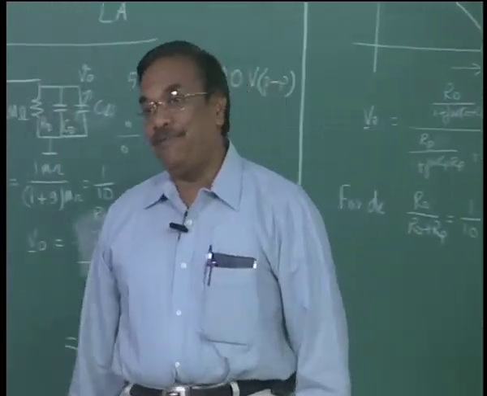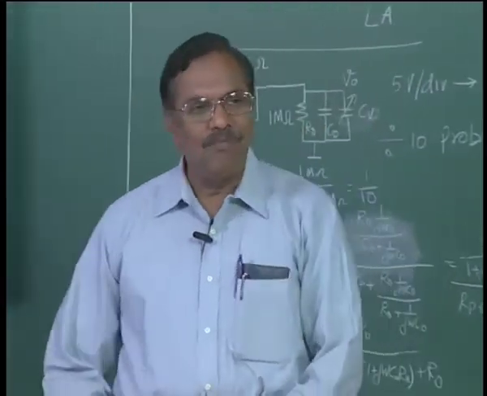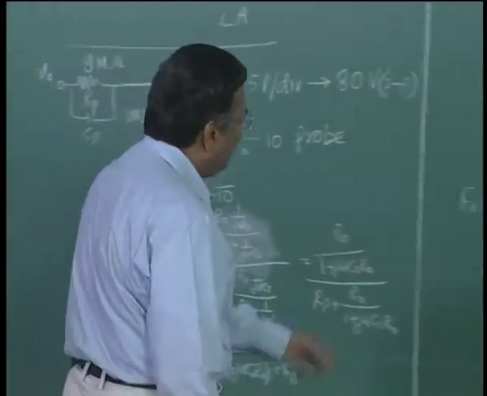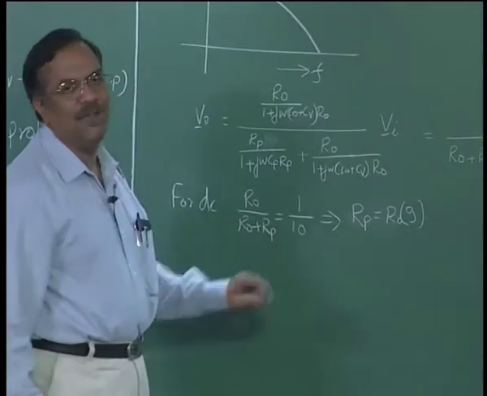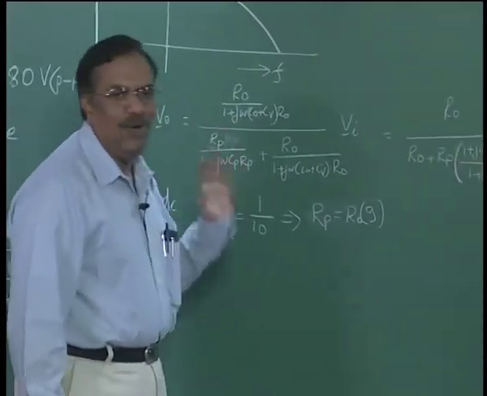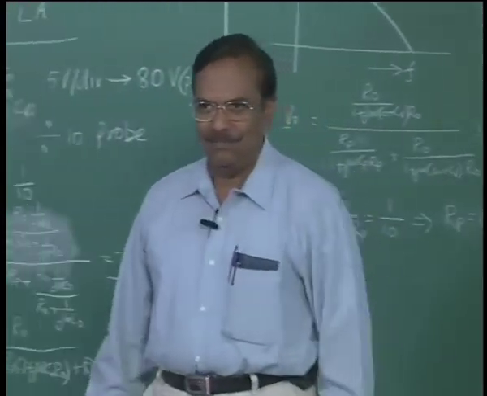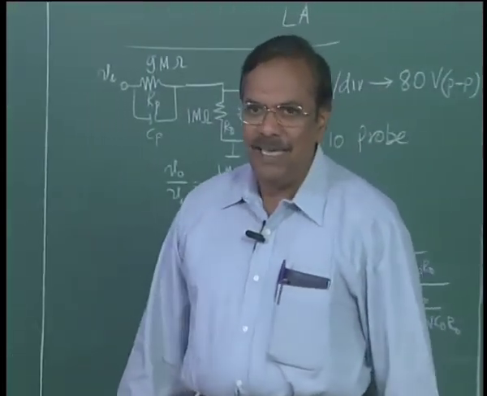Now, for any frequency, if I want the same 1/10 to be there, at any frequency also I should get R naught by R naught plus Rp, which can happen only if this quantity within the bracket is 1, right, it must be 1.